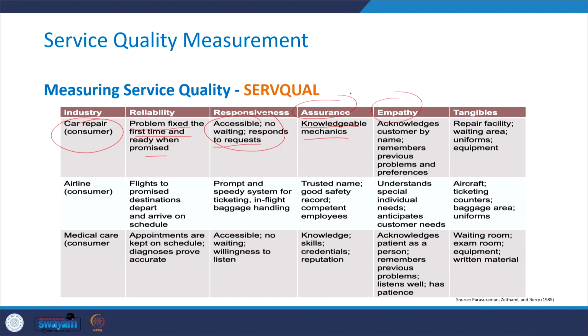Those employees should acknowledge the customer by name, remember previous problems, and have some preferences as well. And finally, tangibles. For example, in terms of the repair facility, the waiting area design, the uniforms of the employees, and even the equipment used by those mechanics and so on. A similar thing applies to the airline as well as the medical care industry.